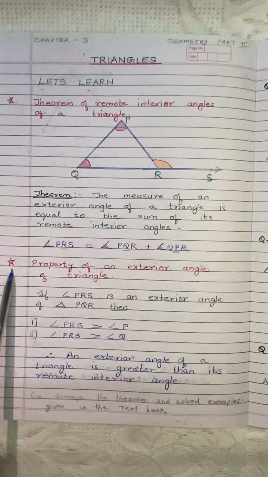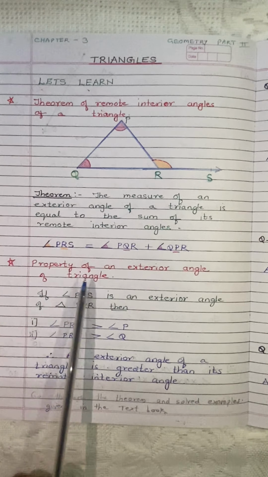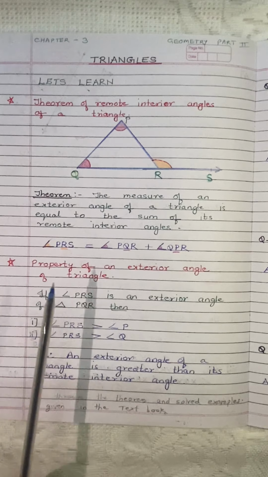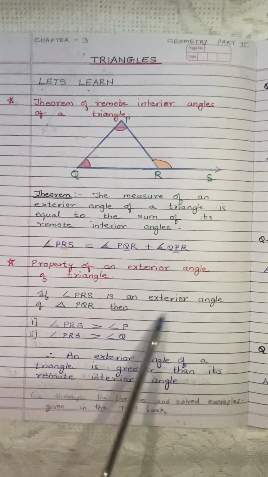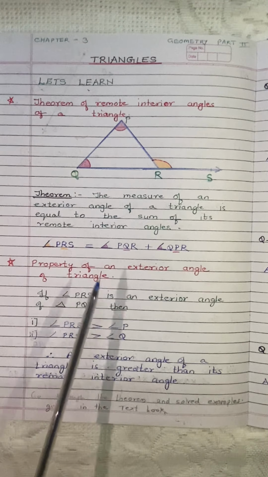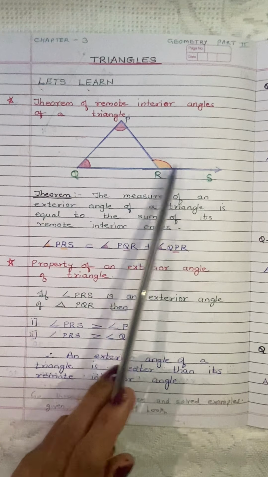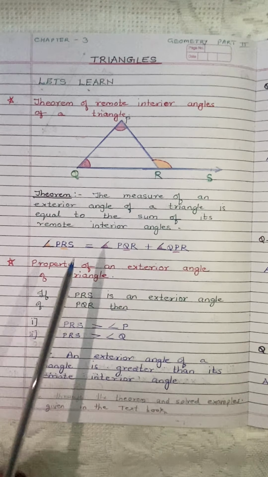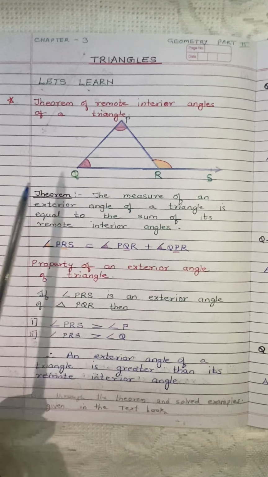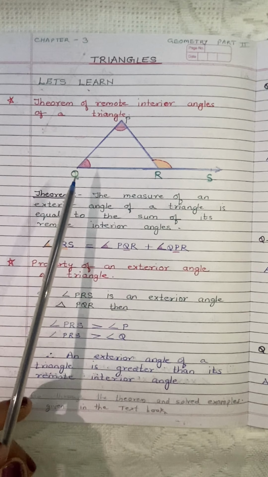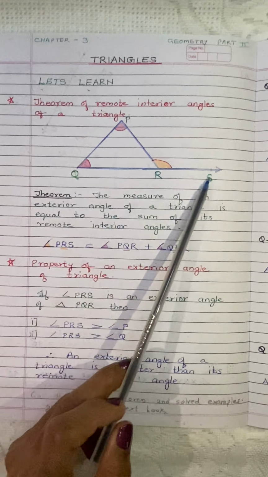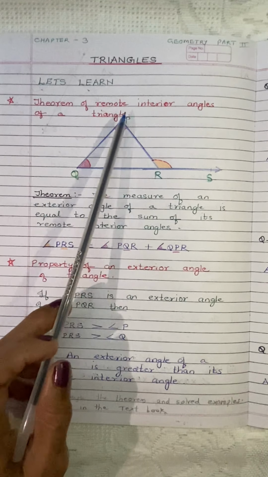The second thing we need to learn is the property of an exterior angle of a triangle. If angle PRS is an exterior angle of triangle PQR, then PRS is greater than RPQ.